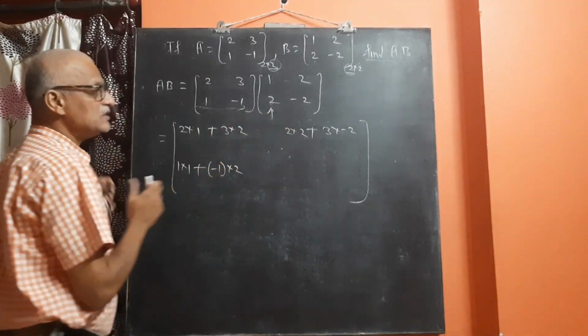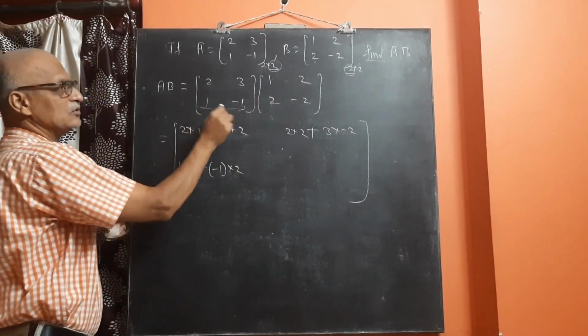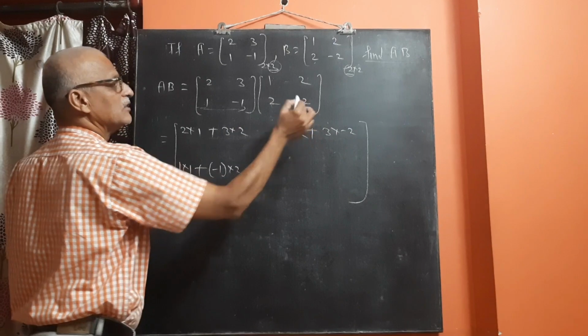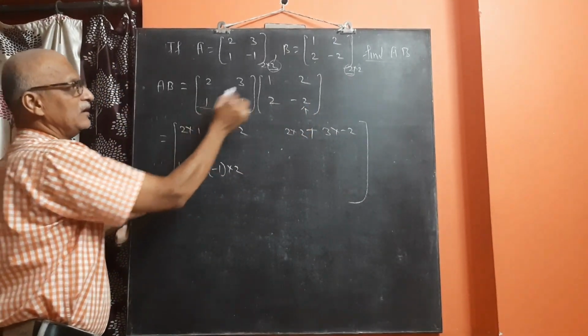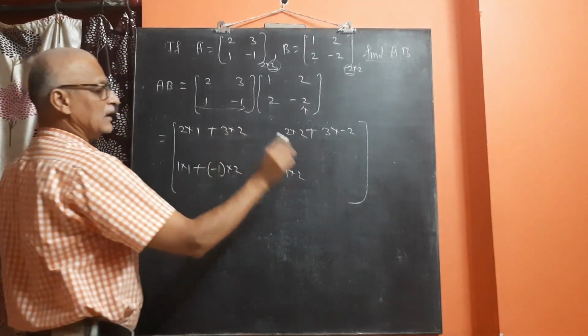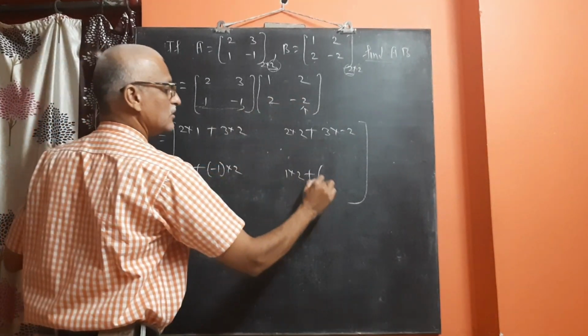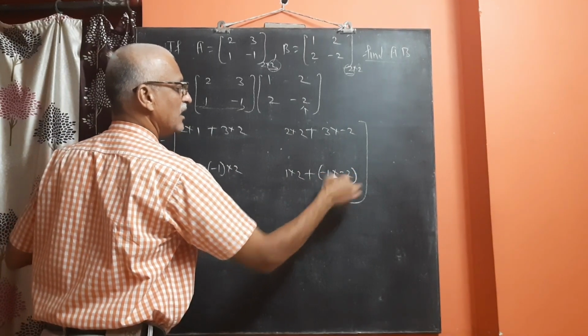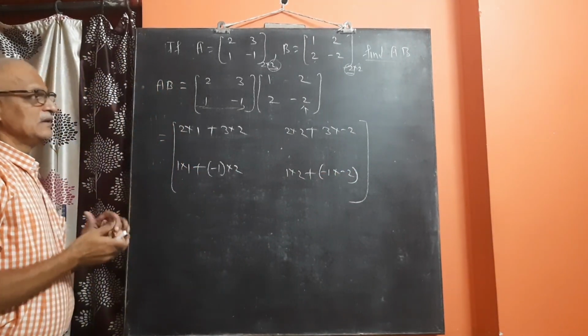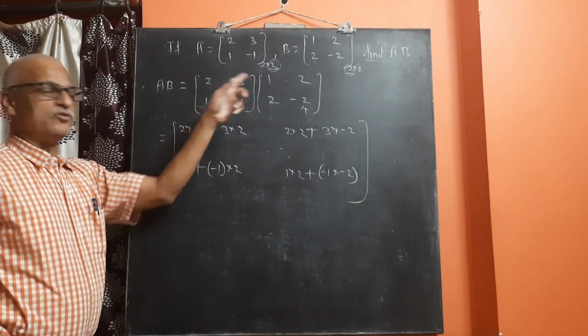Then R2 C2, that means this row into this column. So here it is 1 into 2 plus minus 1 into minus 2. So that is the complete multiplication of matrix A into B.